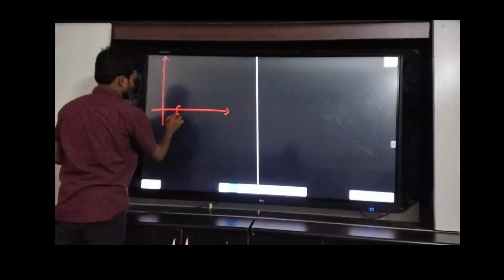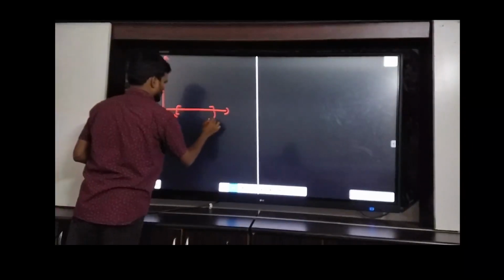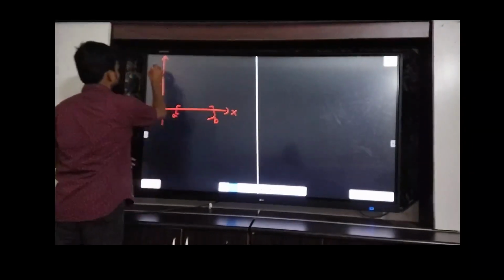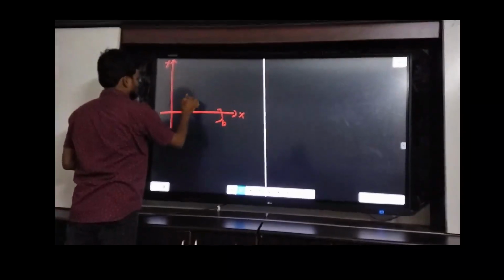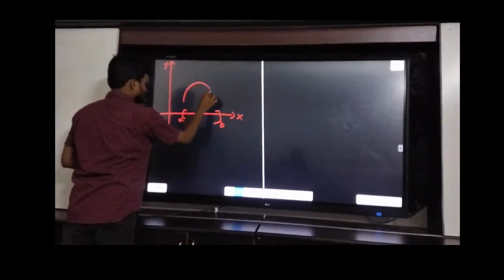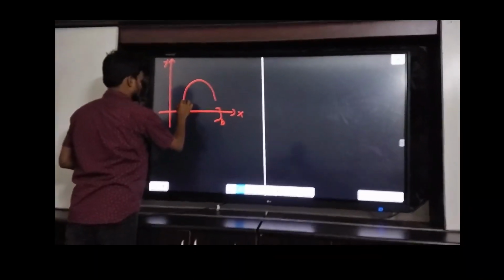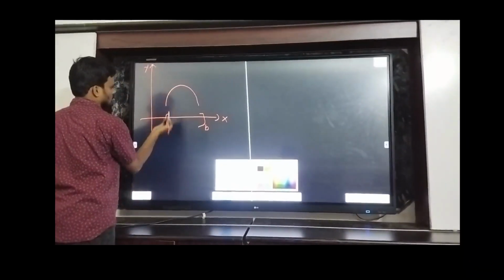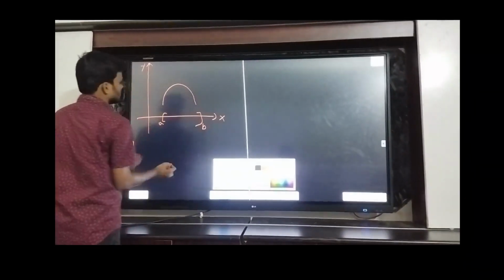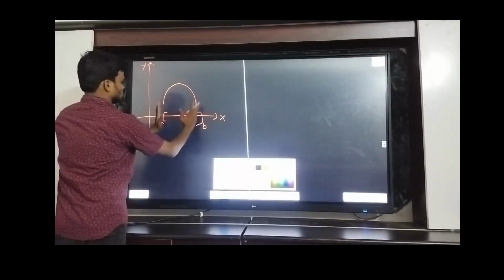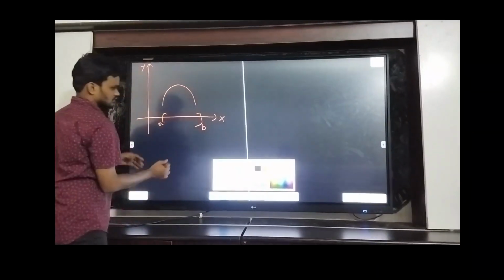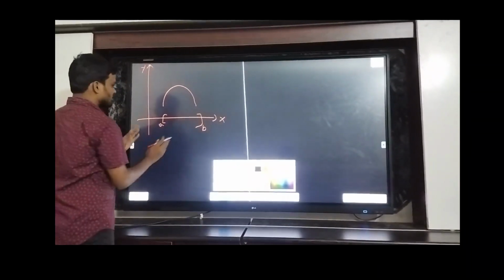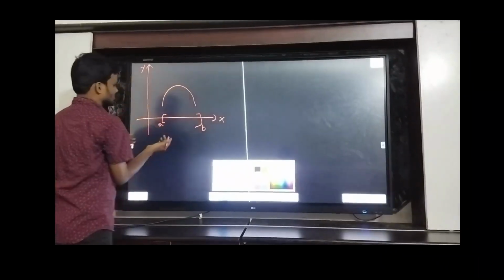This is our interval A, B, this is x-axis, this is y-axis. Suppose this is our chord, okay. Clearly, function is continuous in closed interval AB and differentiable in the open interval AB.